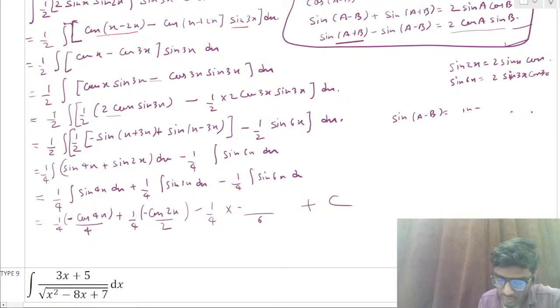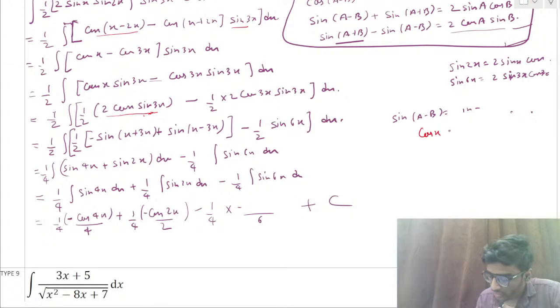So now we have to write 2 cos x sin 3x. We need the cos term first and sin term second. Or we can also think of it as 2 cos x sin 3x, or we can also think of it as 2 sin 3x cos x.